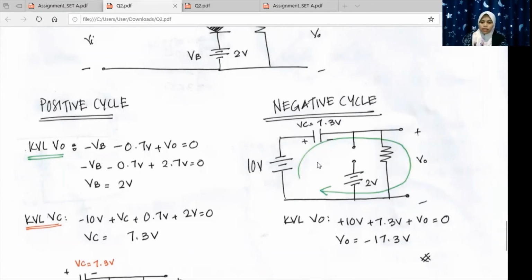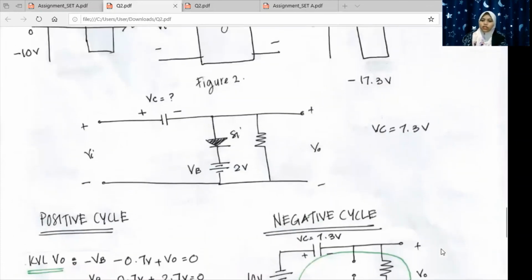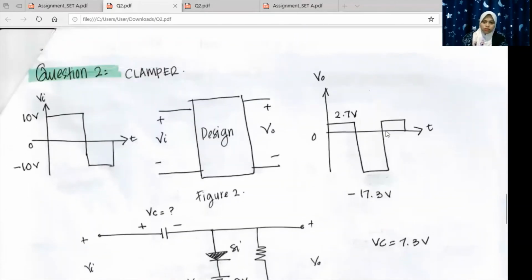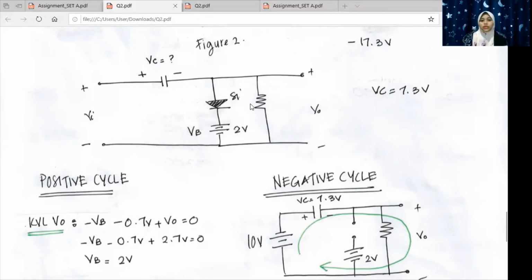The KVL V out for the negative cycle proves that it is negative 17.3, so it's similar to the question given. Since it was trial and error, it is proven that the silicon diode works starting with the positive cycle first.